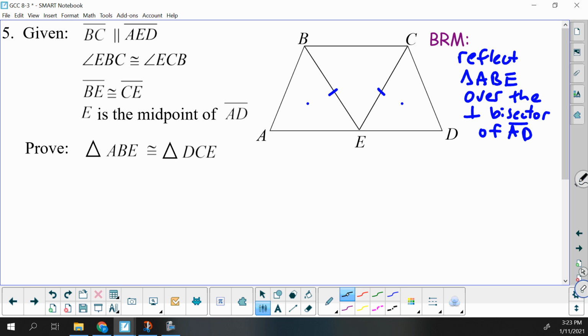And we got a whole bunch of givens here. So we'll go ahead, do our statements and reasons, and get each of those down.